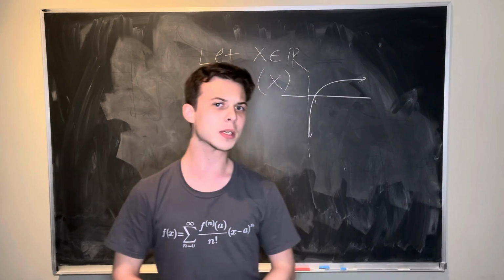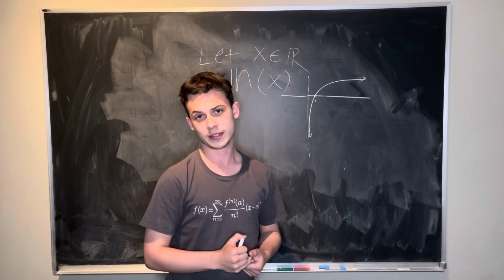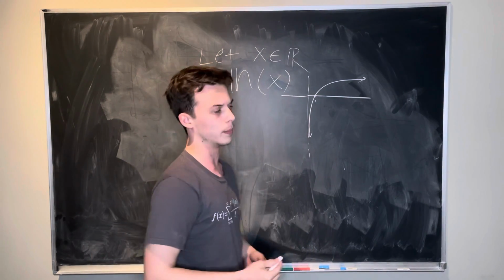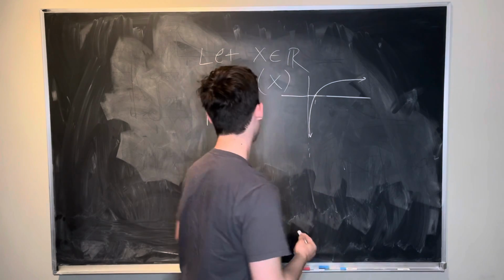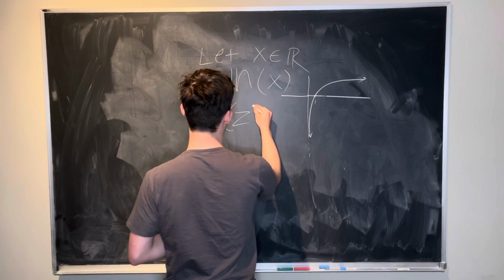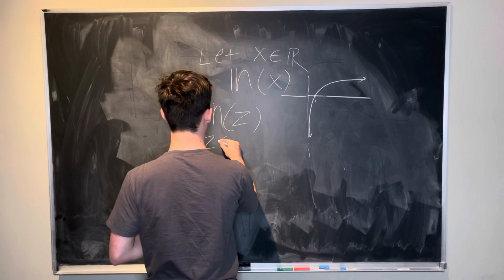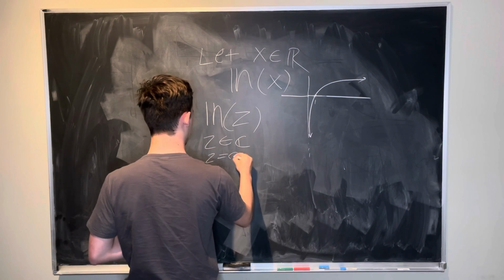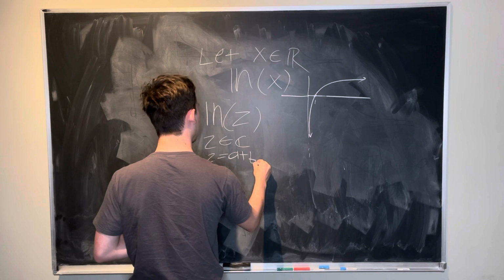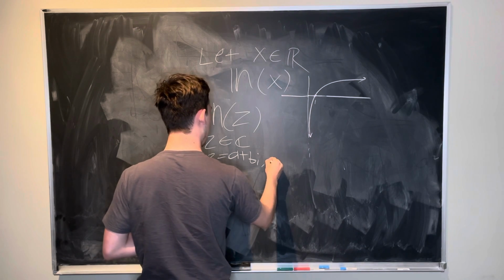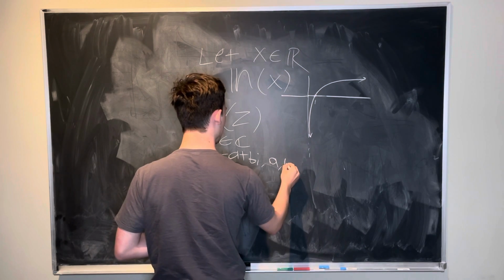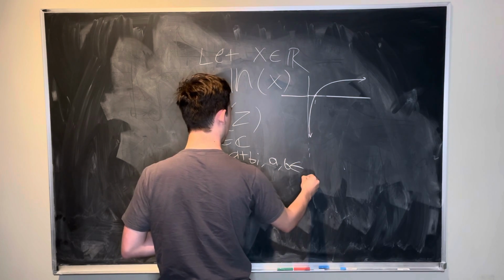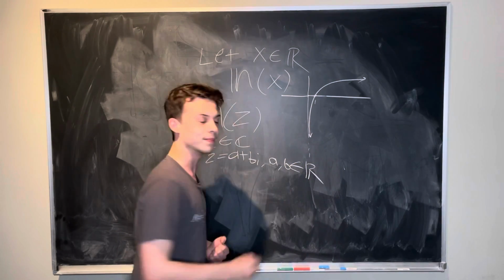But today, we're going to consider the complex case. We're going to consider what happens when we have the natural logarithm not of a real number, but of a complex number, so natural log of z, where z is an element of the complex numbers, and z is equal to a plus bi, where a and b are elements of the reals.